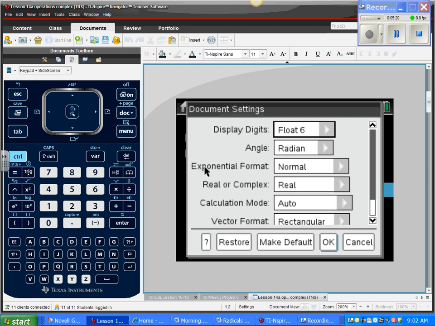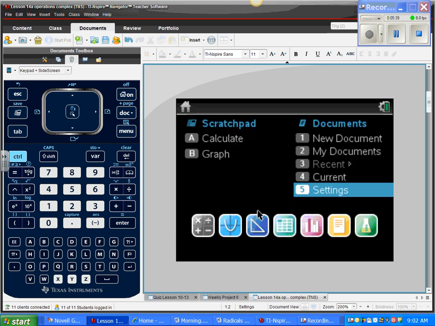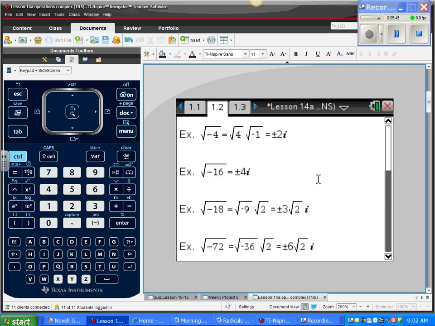And notice where it says real or complex. We want this to say rectangular. Okay, so you're going to open that up, or get that drop-down menu, and select rectangular. Okay, this will allow me to work with imaginary numbers and complex numbers in a calculator page. Okay, you're going to make that default and hit OK. And then press 4 to get back to your current.